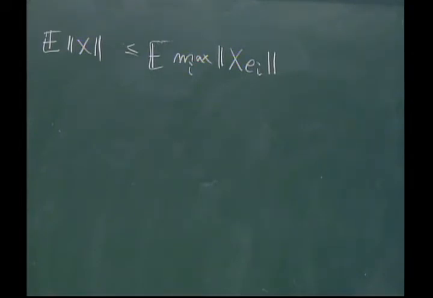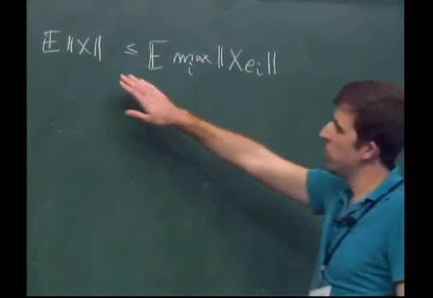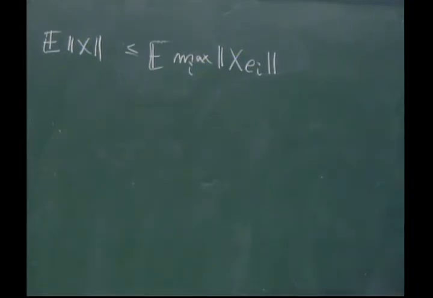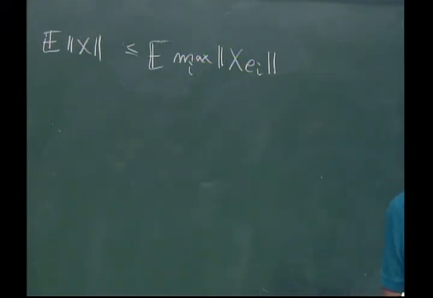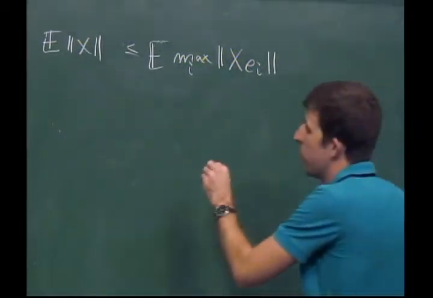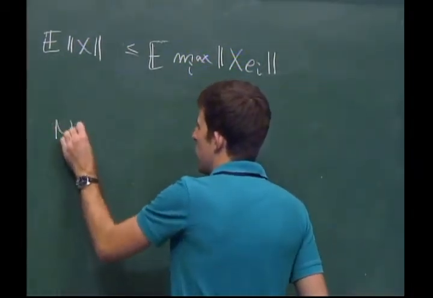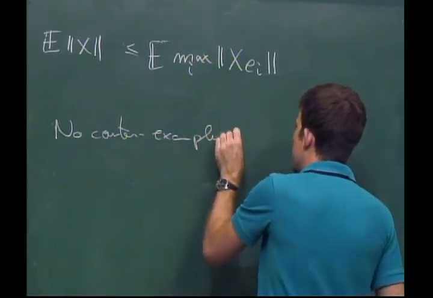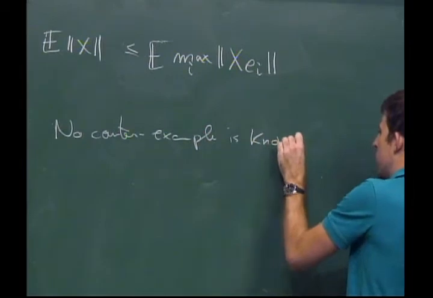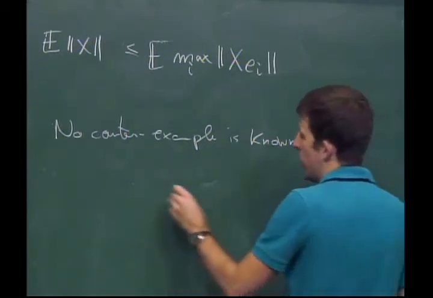Okay, so the expectation of the spectral norm needs to be controlled by the expected largest L2 norm of the rows. Okay, and so they make the observation that they know no counterexample for the converse inequality to be true. So no counterexample is known for the following claim.